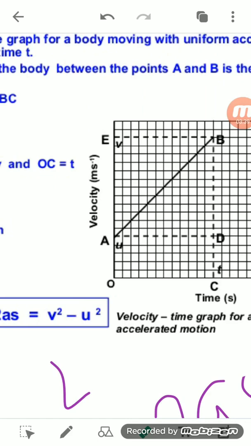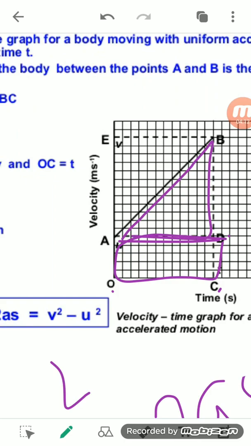Before that, we also discussed how we can calculate this area. We calculated it by adding the area of the rectangle AOCD and the area of the triangle ABD.